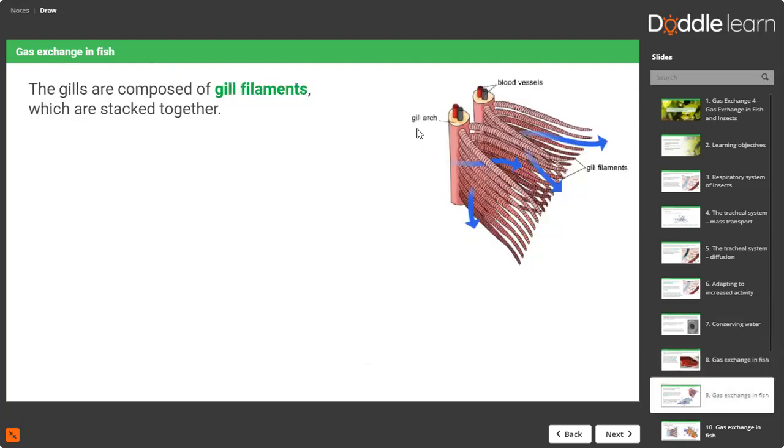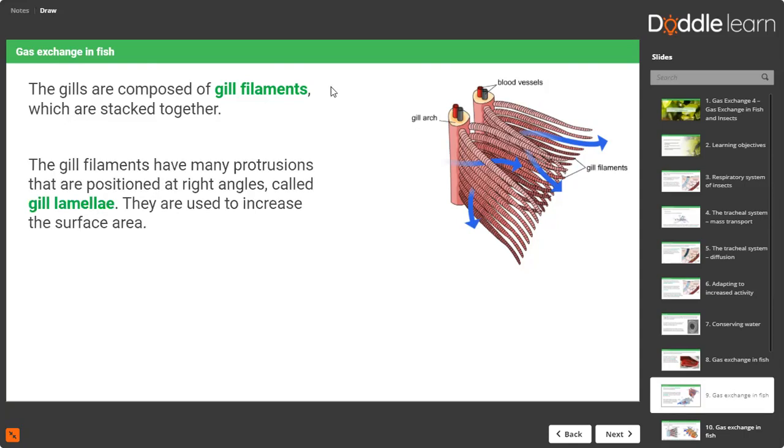So this is a better picture of what gills are like. This is what's going to actually happen. Gills are composed of gill filaments, and these are all snapped together. These gill filaments have lots and lots of protrusions, positioned at right angles, and we call these gill lamellae.